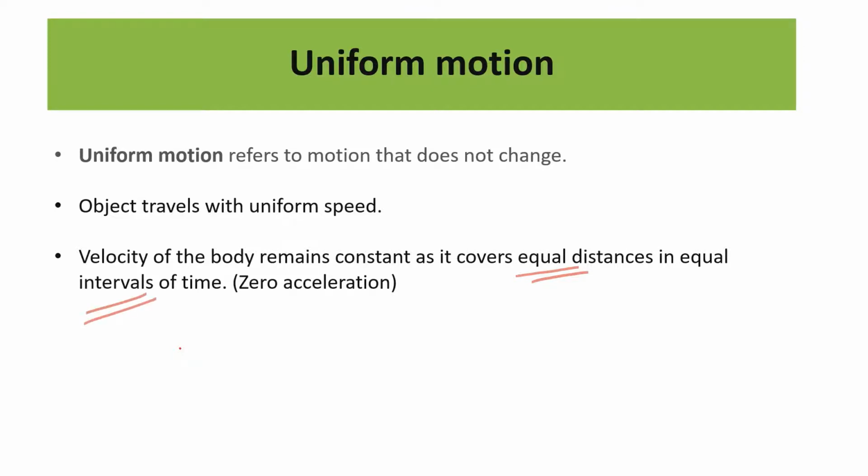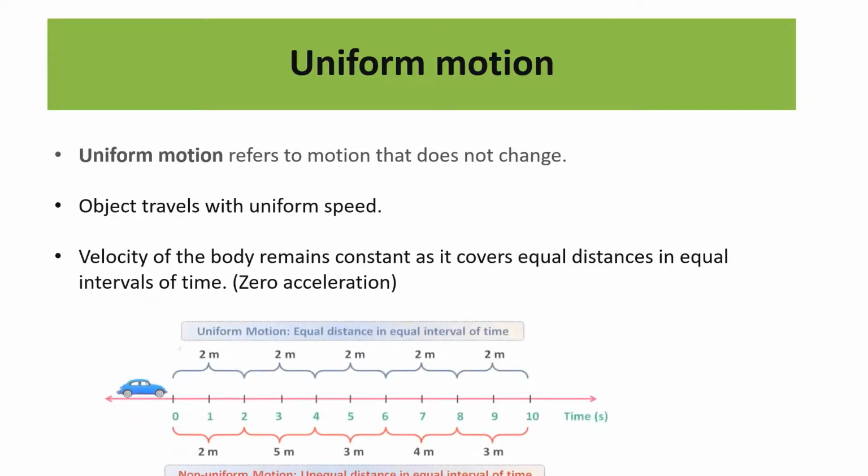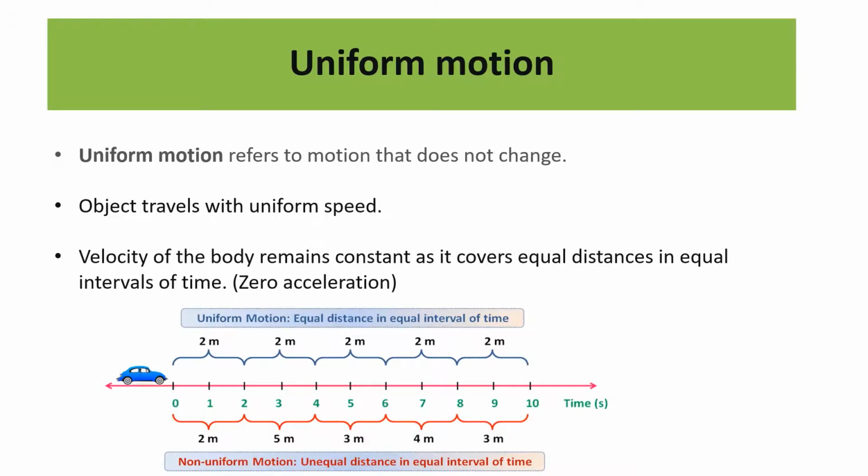And when the velocity is remaining constant, the acceleration will be 0. Look at this diagram. Equal distances are covered in equal intervals of time in the case of uniform motion, whereas for non-uniform motion, unequal distances are covered in equal intervals of time.